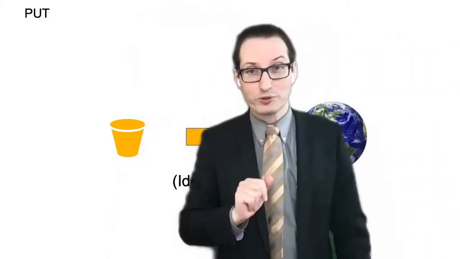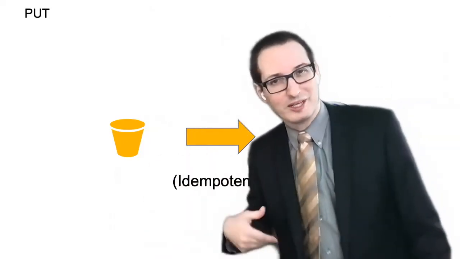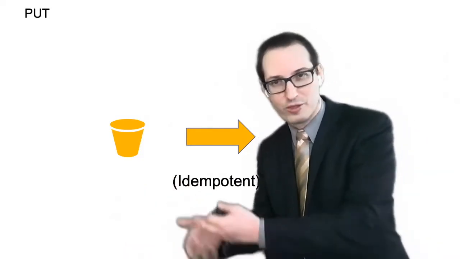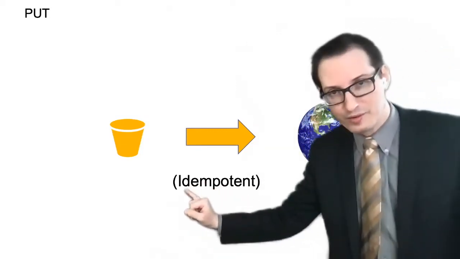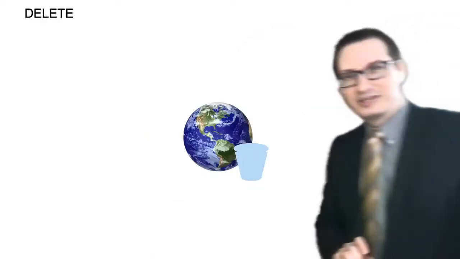Right? So this is put. Put is idempotent. If you do it twice, it doesn't bring you anything more than if you do it once, right? If you say put that new object in there twice with the same content, that's useless. So this is what idempotent means. I think that's Latin.